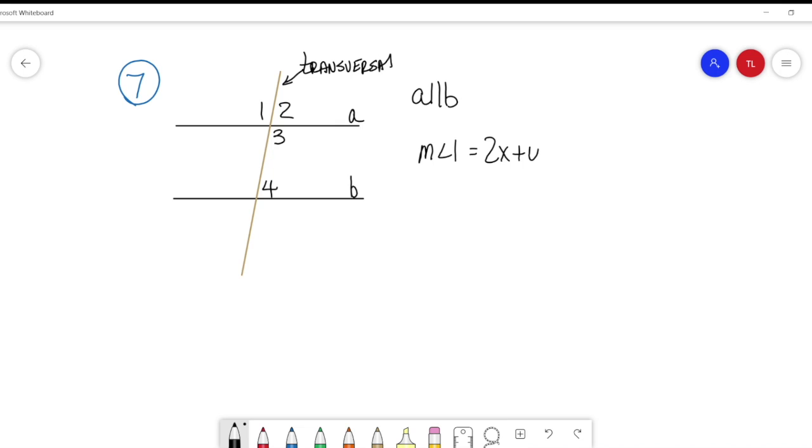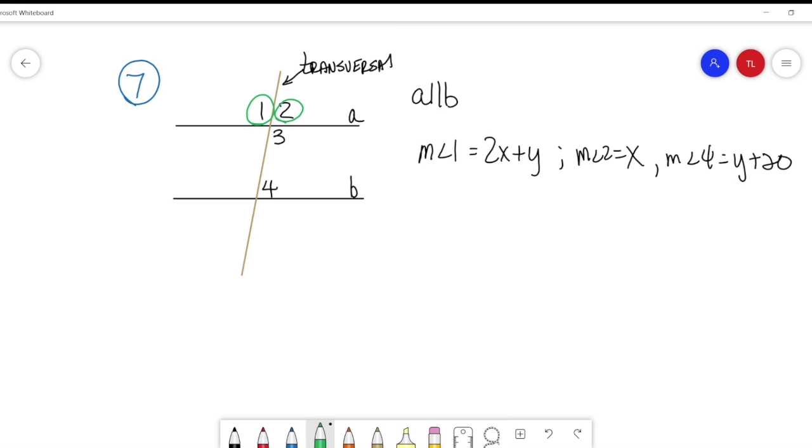All right, measure angle 1. Measure angle 2. Now this is number 7. Measure angle 4 is y plus 20. Now, young people, look at angle 1. It says right there. And this is angle 2.